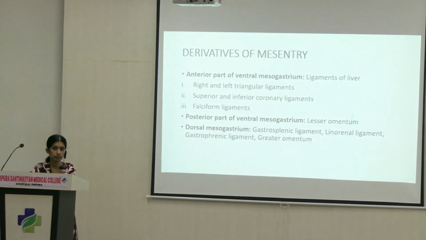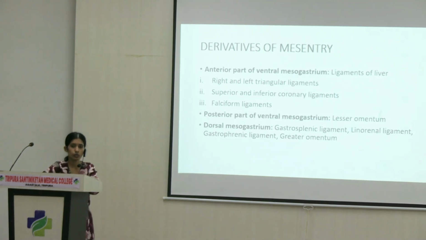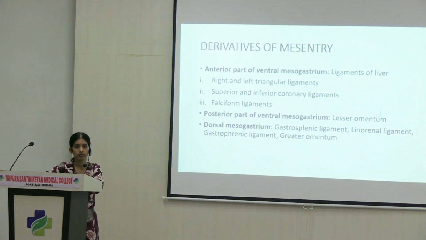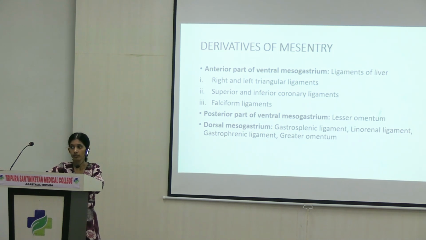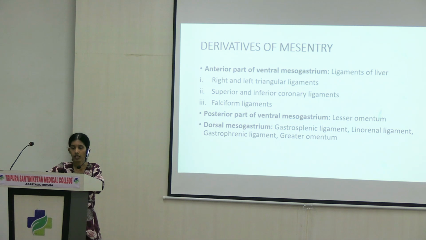5 ligaments. Okay, here I have mentioned 3. Right and left triangular ligaments, superior and inferior coronary ligaments, falciform ligament. So the other 2 are ligamentum venosum and ligamentum teres. Okay, so how are those 2 ligaments formed? Ligamentum teres is formed by the remnant of the left umbilical vein.